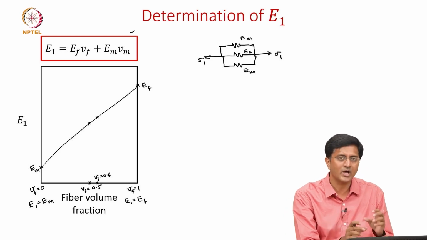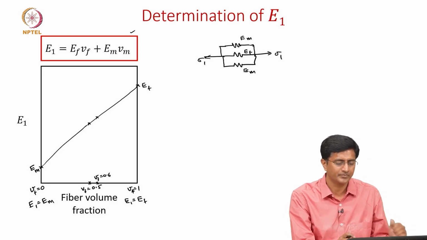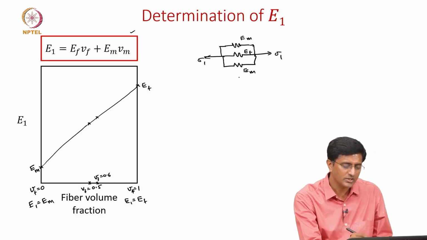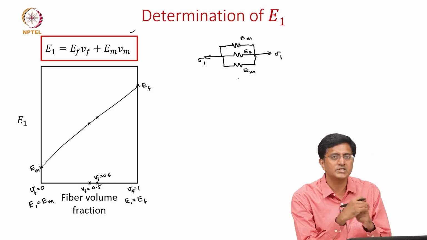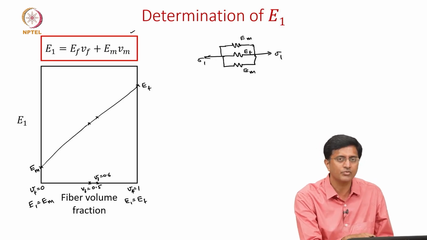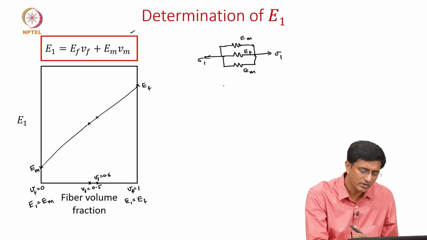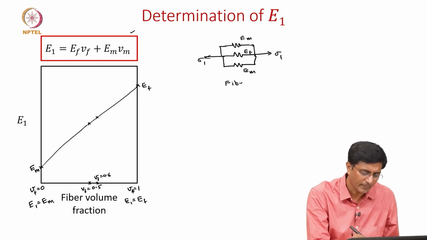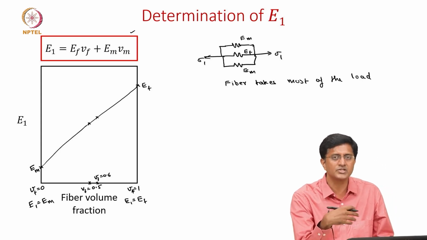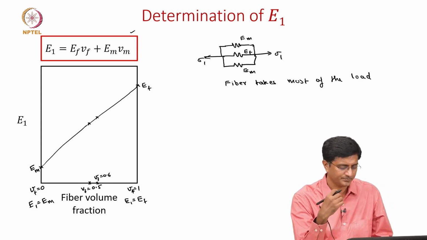So this is what happens when we have springs in parallel. But what is the insight we can get from this spring model is, upon loading, which of these takes most of the load? Does the matrix take most of the load, or does the fiber take most of the load? We notice that the fiber takes most of the load. And this is because the fibers are much stiffer compared to the matrix material.